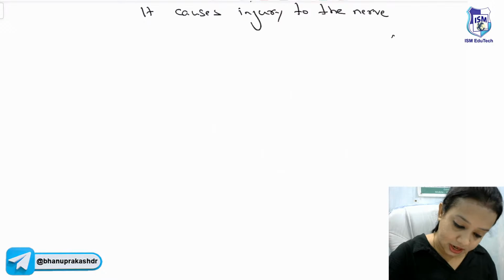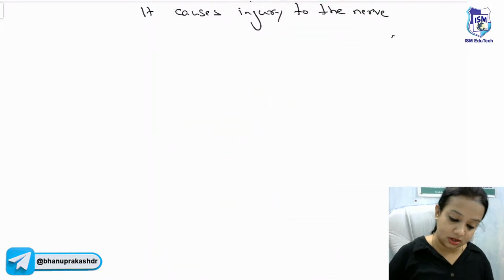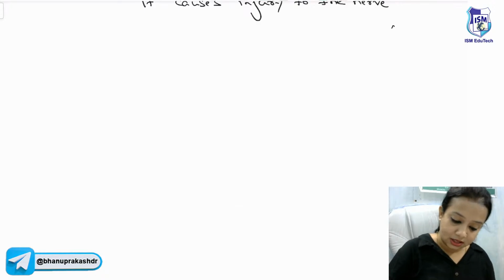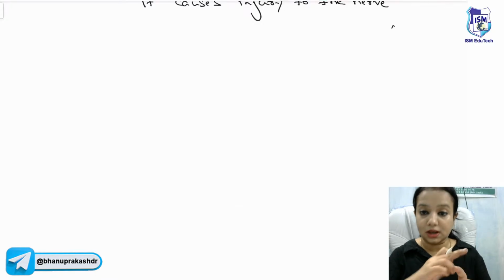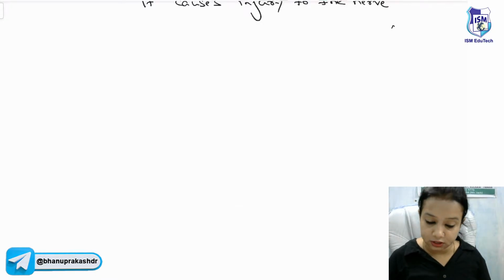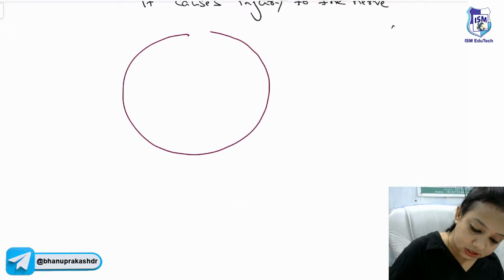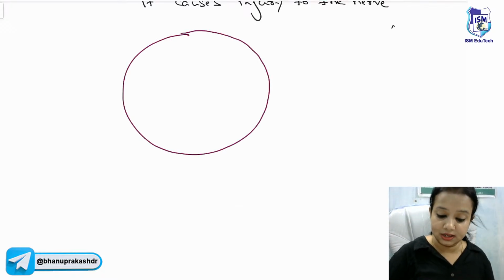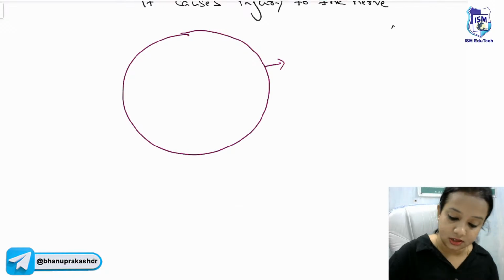Now, before understanding this one, just look at the hierarchy, like how a nerve fiber lies. Now, it is enclosed by various fascicles covered by connective tissues. The outermost tough sheath covering a bunch of nerve fibers is called the epineurium.